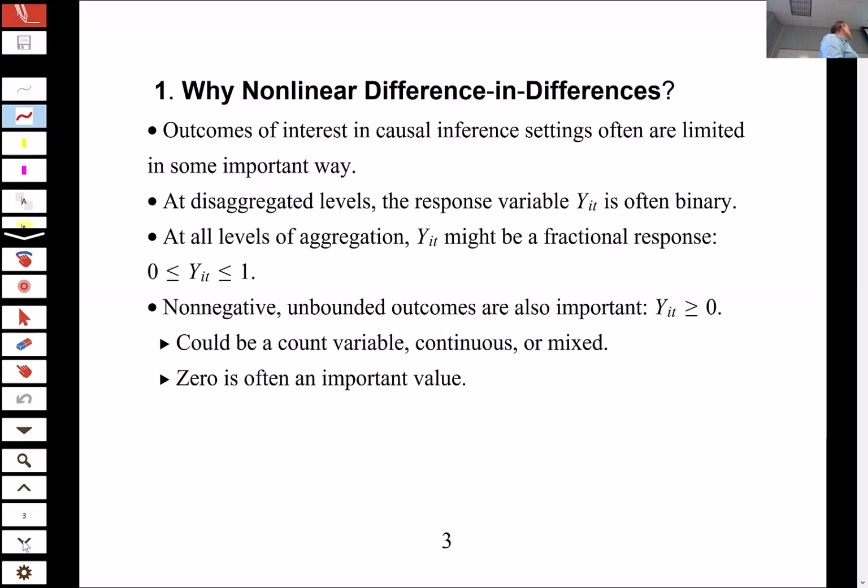So I started looking at this problem. The conclusions were that in general, you're going to estimate some kind of strange weighted average of 2 by 2 difference in differences, and many of them don't have any causal interpretation. So you're averaging in estimates that do have a causal interpretation with ones that don't, and who knows what you're getting.